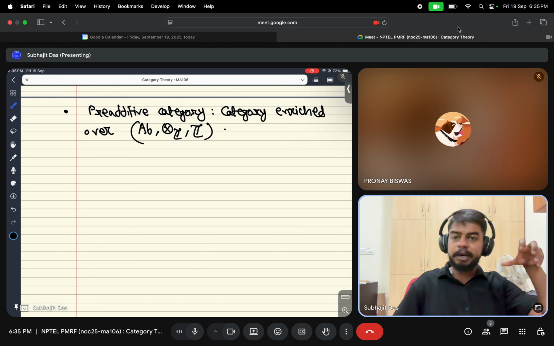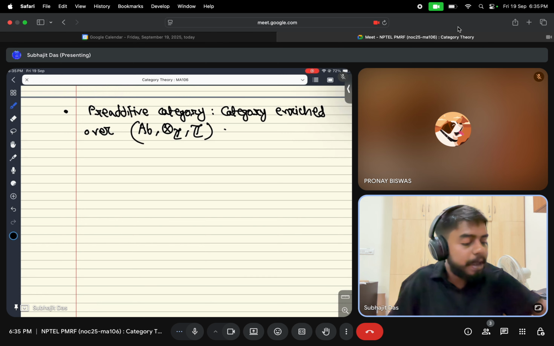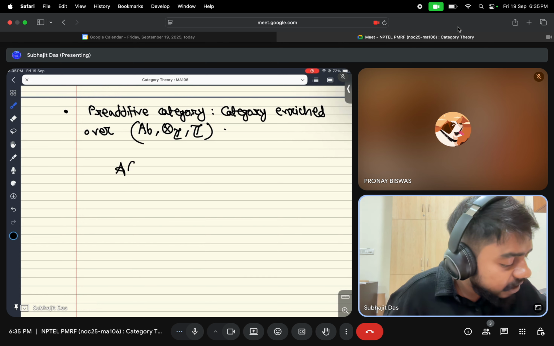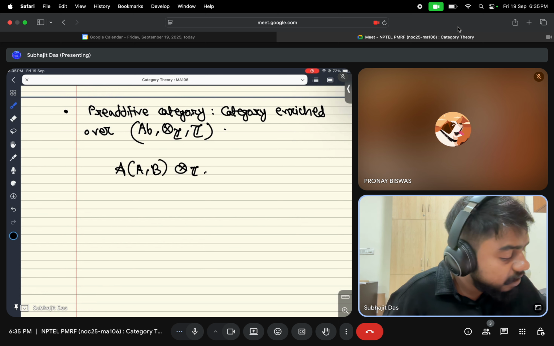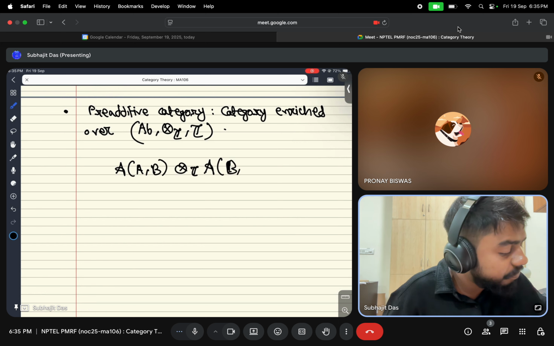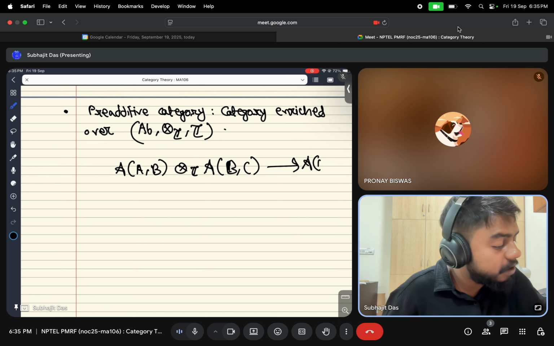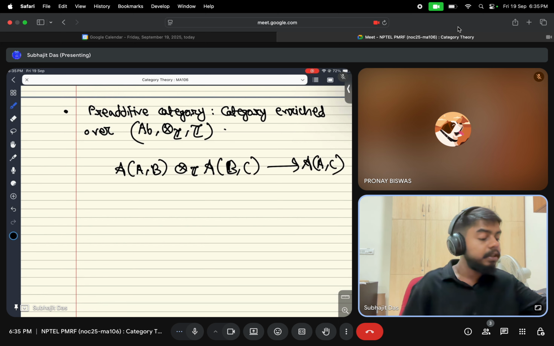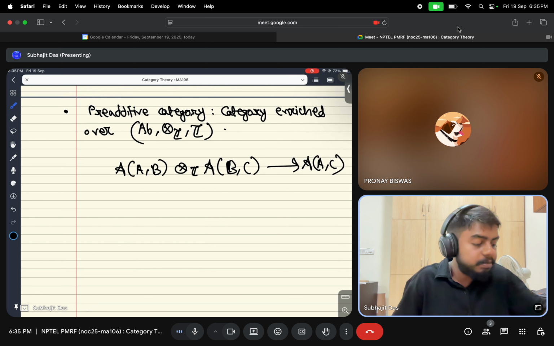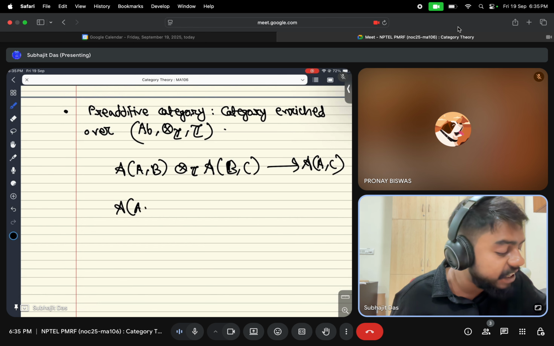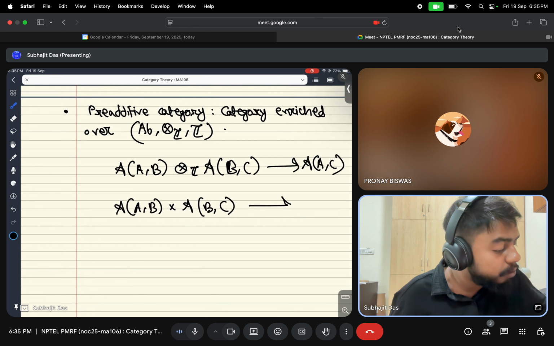For every triple of objects, what you would have is a map from Hom(A, B) tensored over Z with Hom(B, C) to Hom(A, C). So again, since tensoring over Z has a universal property, we can think of it as a bilinear map from this cross this to this.